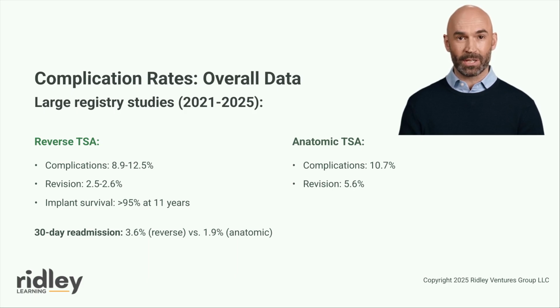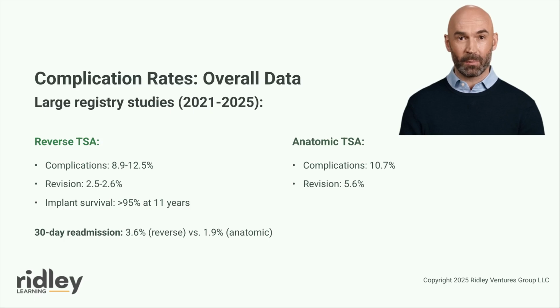A 2022 systematic review and meta-analysis of primary reverse arthroplasty, including over 5,000 patients with minimum 2-year follow-up, reported an overall complication rate of 8.9 to 12.5% and a revision rate of 2.5 to 2.6% at mean follow-up of 3.9 years.